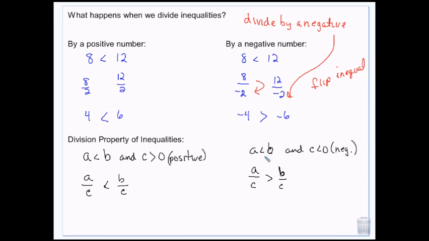Okay, so just like with multiplying, if you multiply by a negative, you have to flip the sign. If you divide by a negative, you have to flip the inequality.